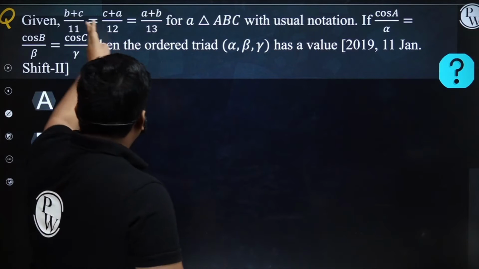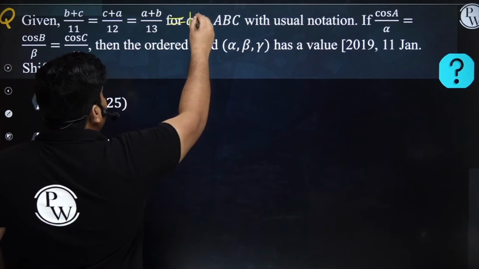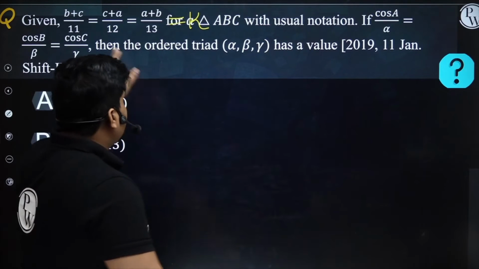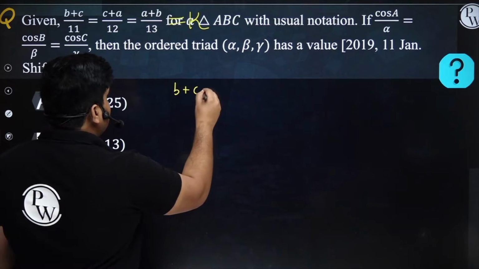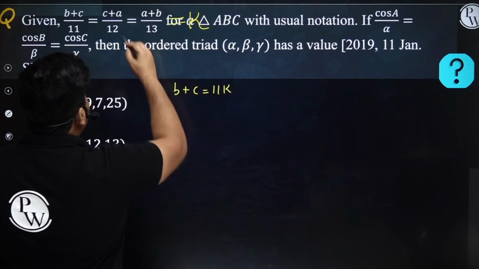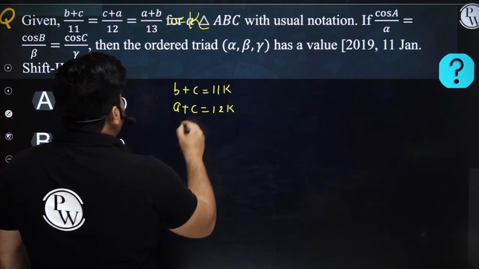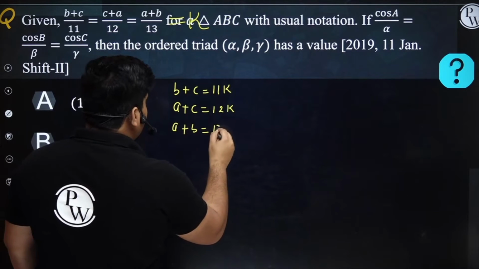So what can we do? We can write that all these things are equal to some K. The proportion, let it be equal to K. So from here, we'll have b plus c equal to 11K, a plus c equal to 12K, and a plus b equal to 13K.